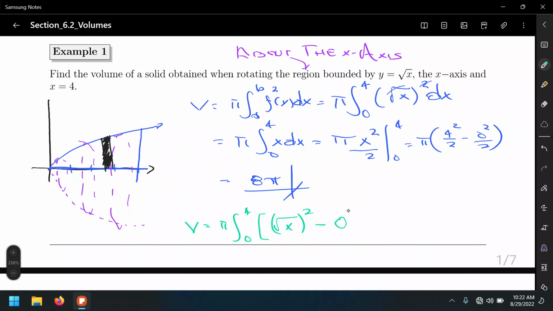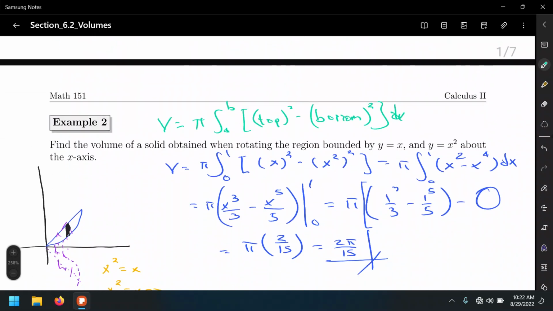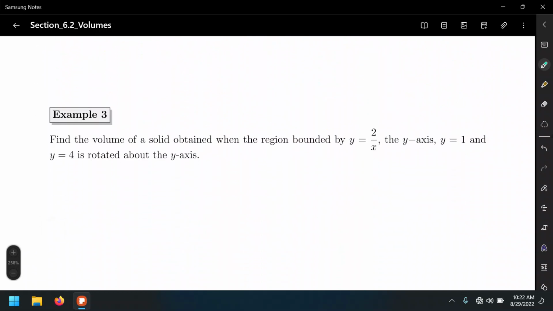But do I really need to write that 0 squared? For a region this simple, it's not necessary. But ultimately that 0 is there in spirit, if you will, just so we can connect with the idea of top minus bottom in a more generalized way. So let's see what's next.